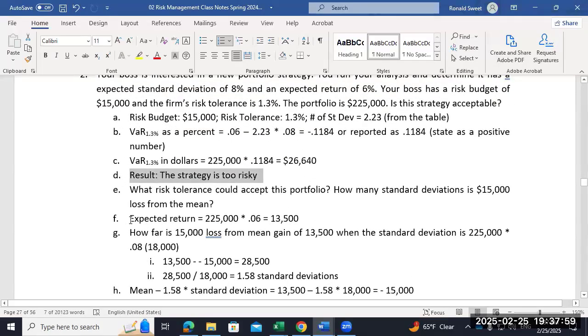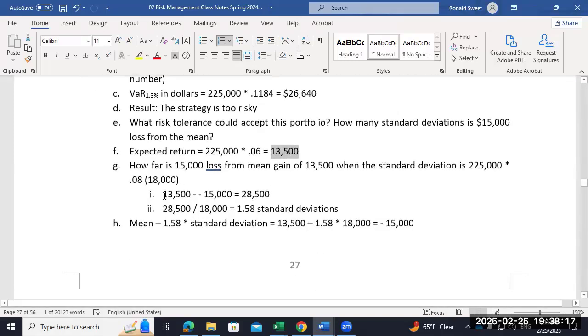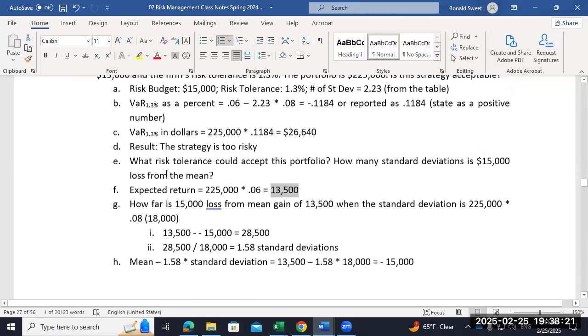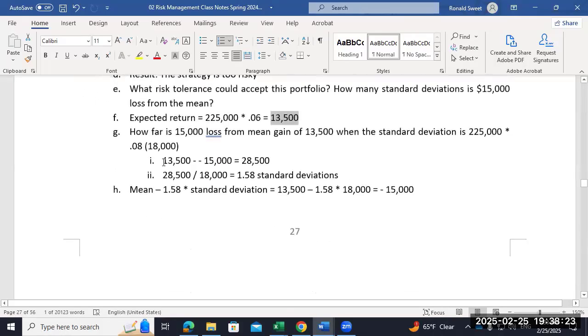So your mean is 13,500 because your portfolio is 225,000. Your expected return is 6%. So 50% of the time you expect 13,500 or more, or 13,500 or less. So how far is that loss from the mean?